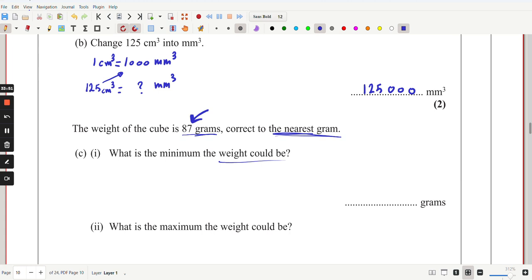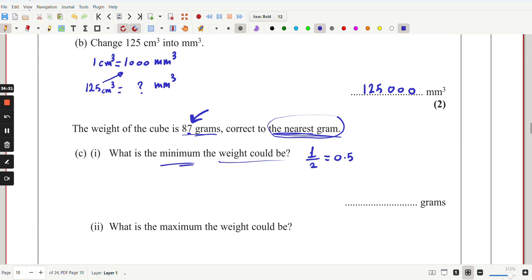The size of the interval, nearest gram, means nearest units, which is 1. We have to find half of this interval. So it's 1 over 2, which is half, 0.5.